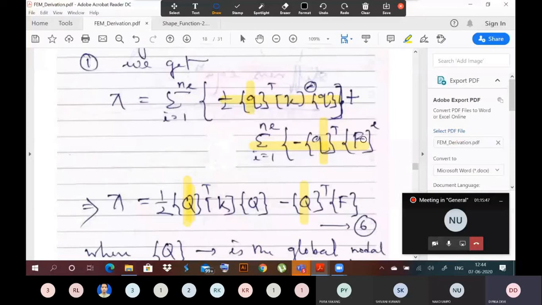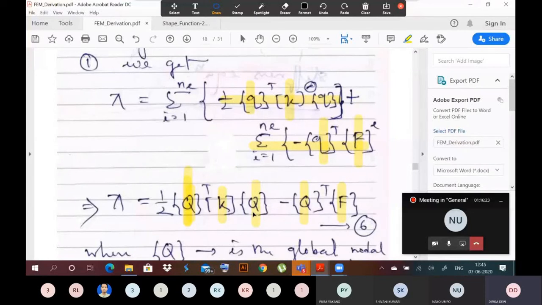We can write in terms of the global displacement vector, and then the summation from 1 to NE of K. That means if we sum up all the element stiffness matrices, that will give you the global stiffness matrix. So pi is equal to half Q transpose KQ minus Q transpose F.